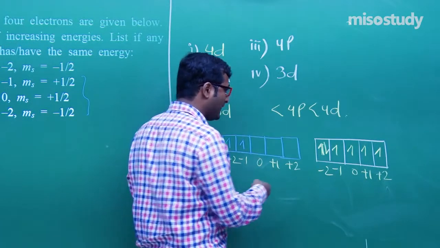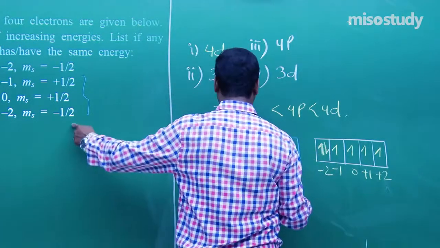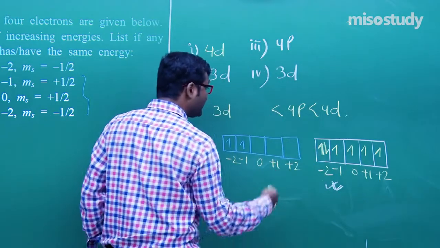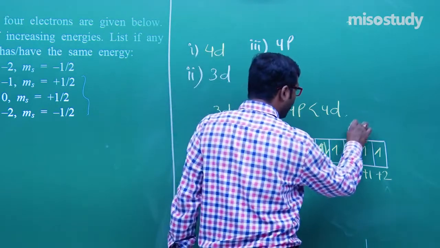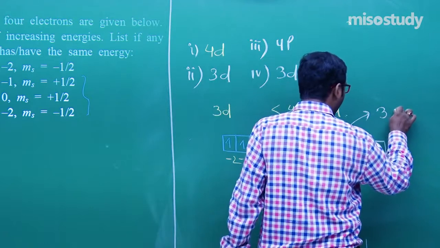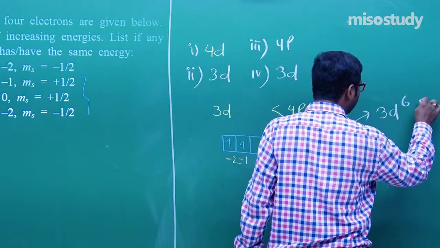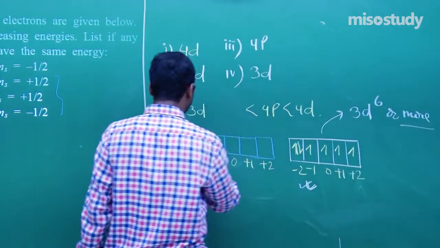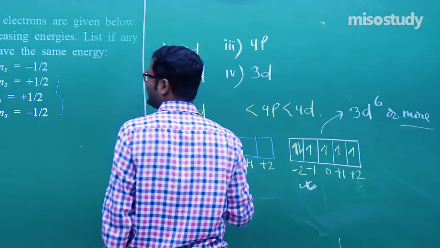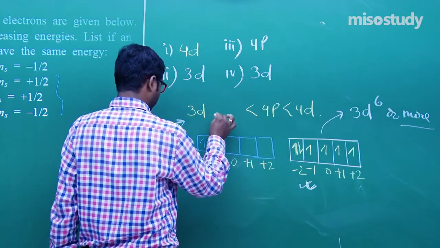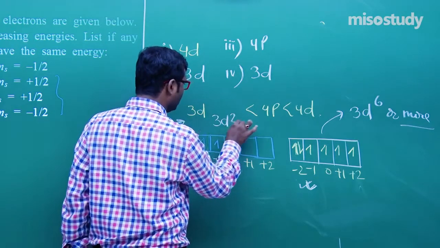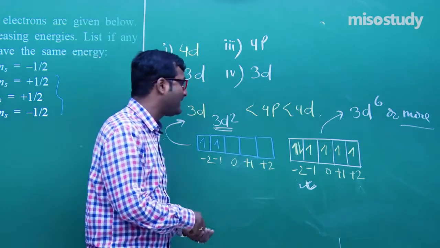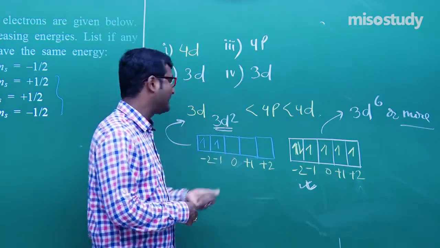That means to say the last one contains more electrons, that is, the electronic configuration may be more than 5, that is 3d6 or more. And this one contains 3d2. Clear to you? So in this case it will have less energy.